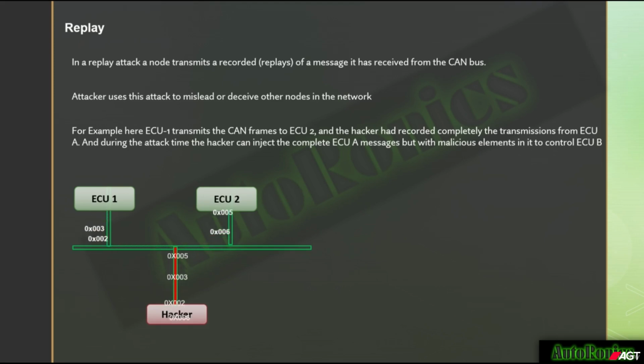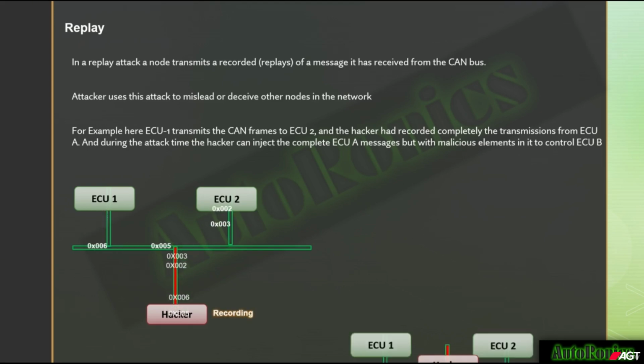There are many smart tools available in the market which can store all the elements if you define the criteria. Let's say if you wanted to capture only the ECU1 messages or only the ECU2 messages, all the frequency things or maybe particular messages, all this can be shortlisted and recorded. This is at the time of recording.